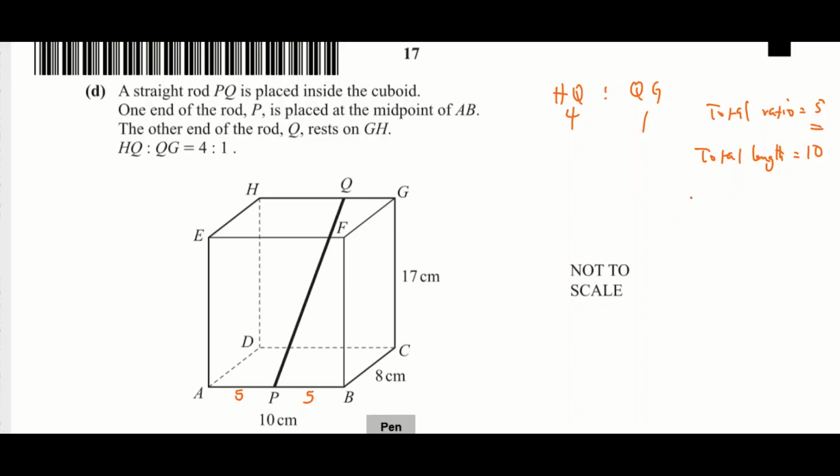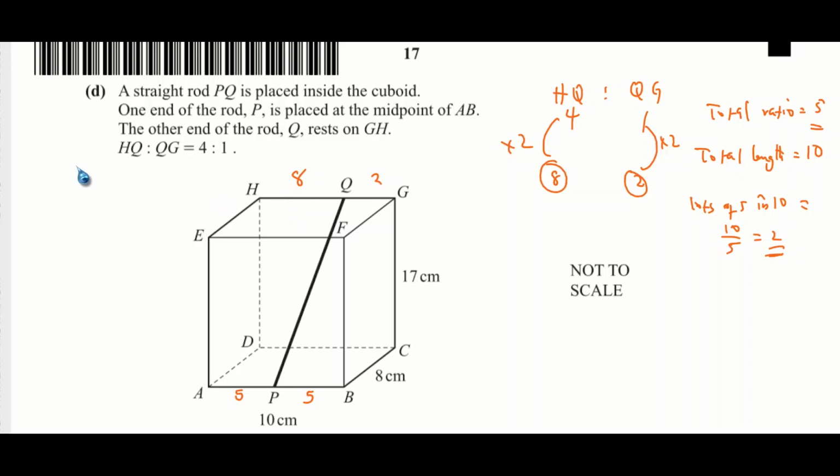Lots of 5 in 10 equals 10 divided by 5, which equals 2. So this will be times 2, this will be times 2, so I have 8 and I have 2. So QG should be equal to 2, and this will be equal to 8.